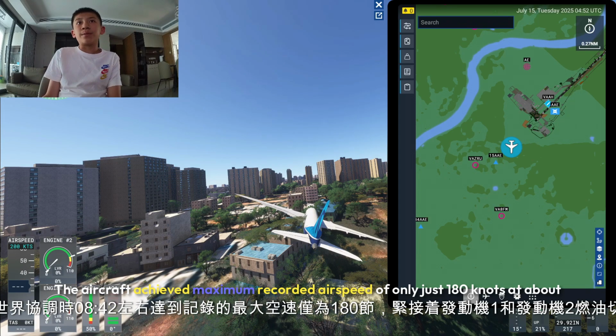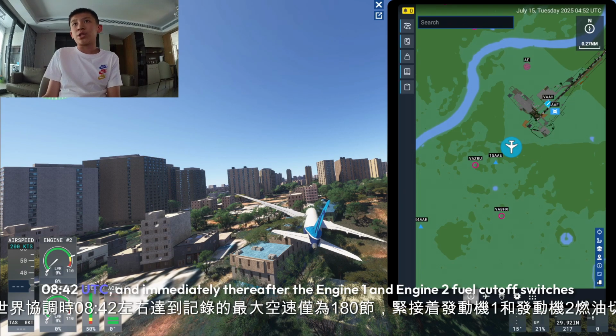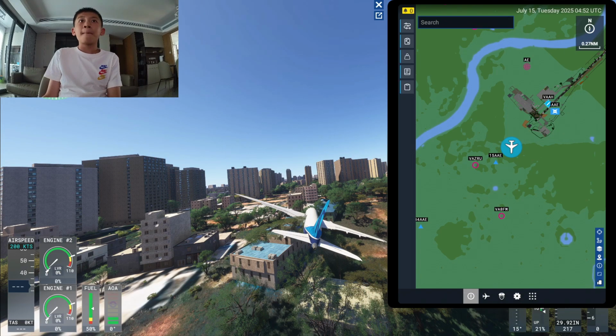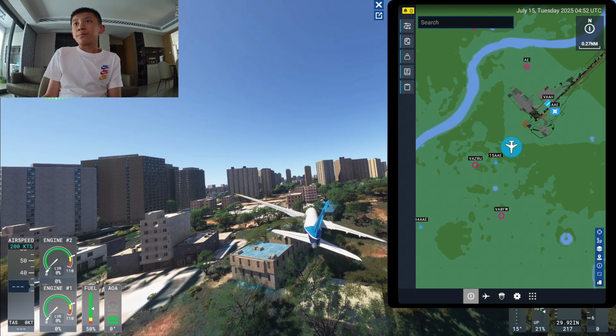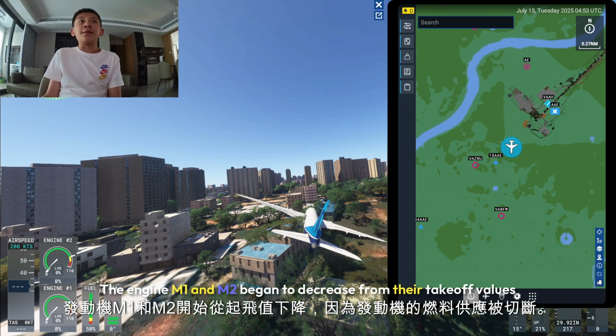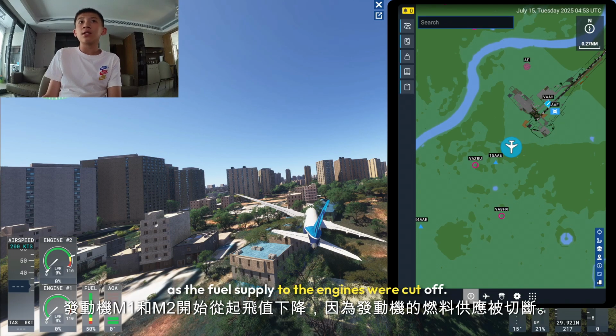The aircraft achieved a maximum recorded airspeed of just 180 knots at about 8:08:42 UTC, and immediately thereafter the engine 1 and engine 2 fuel cutoff switches transitioned from run to cutoff position, one after another, with a time gap of 1 second. The engine N1 and N2 began to decrease from their takeoff values as the fuel supply to the engines was cut off.